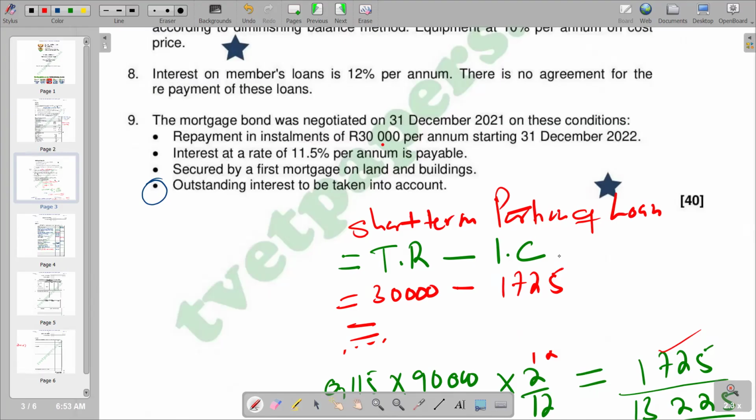Let me just try to confirm that calculation. So you're saying 30,000 minus 1,725, that is 28,275.